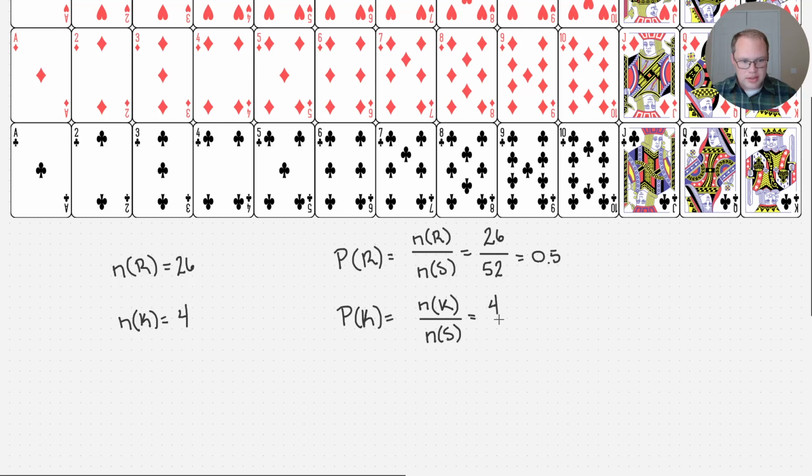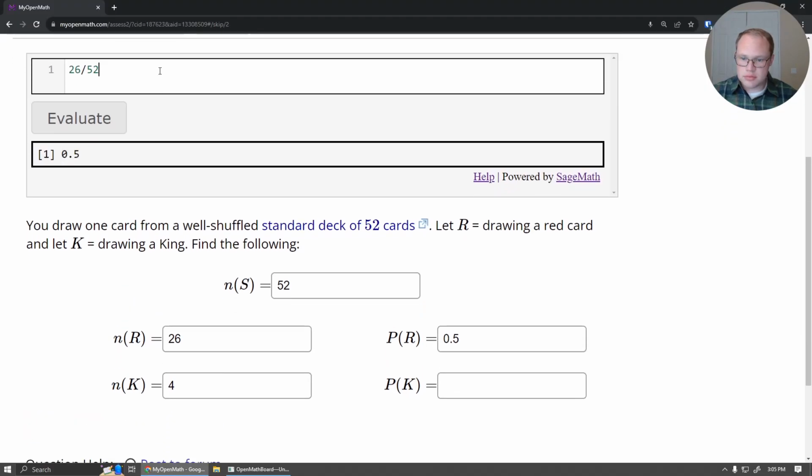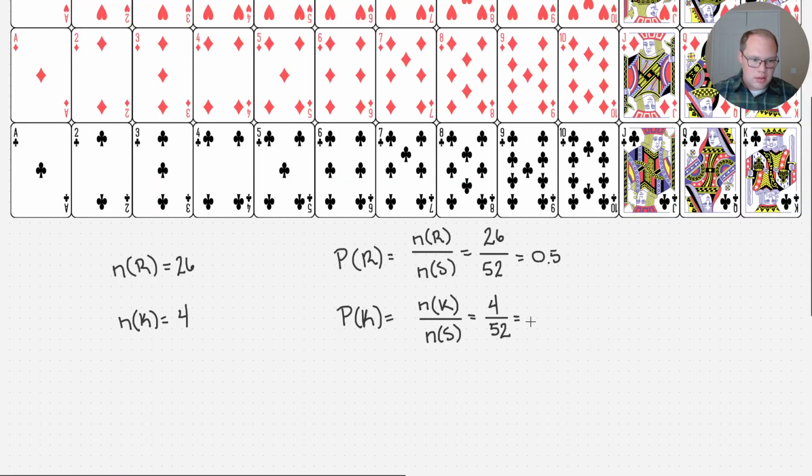There are 4 kings in the deck out of 52 cards total to choose from. And so if we throw that into our calculator, 4 out of 52, we get this number, 0.0769238.